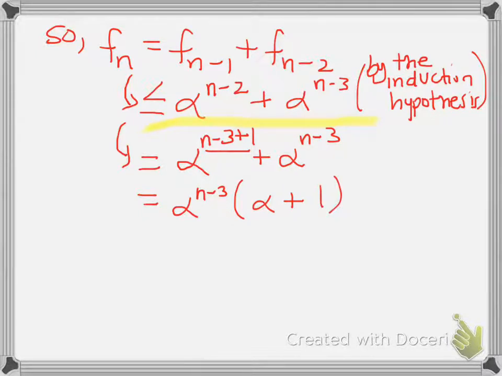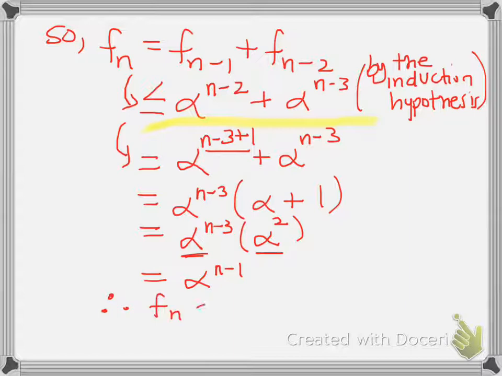And since alpha is a solution to x squared equals x plus 1, alpha squared equals alpha plus 1. So we can rewrite this by substitution as alpha squared. If we simplify that, since these are the same bases, that gives us alpha to the n minus 1.